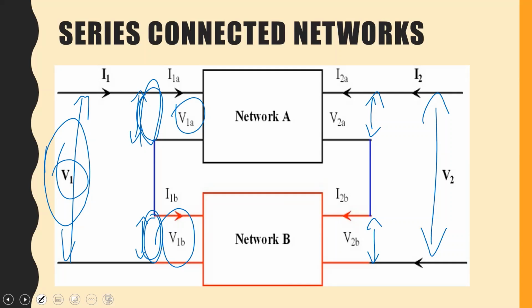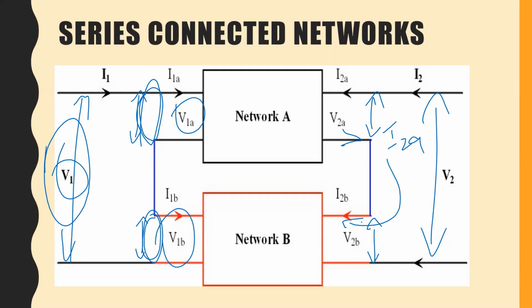Also, I2A going into network A would be I2A coming out of network A, which is the current entering network B. All right? Yes, Mr. Haynes. Sir, so the voltage drop, so V1 would be equal to V1A plus V1B, or are they all the same?